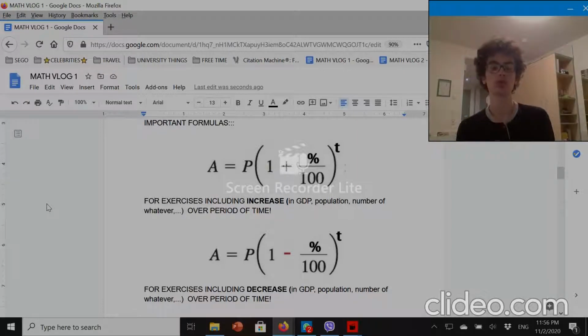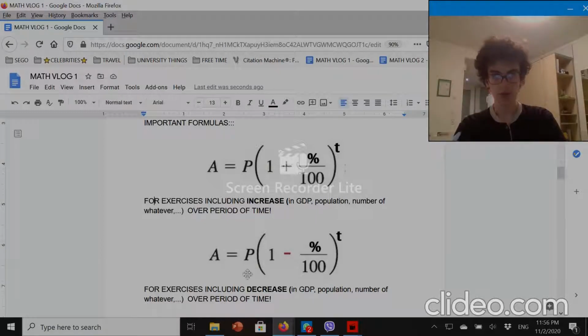Then we would use this formula that I'm going to explain in a second. Also, we have a formula to use when it comes to the decrease. Again, GDP, population, number of books, elephants, ants, whatever.